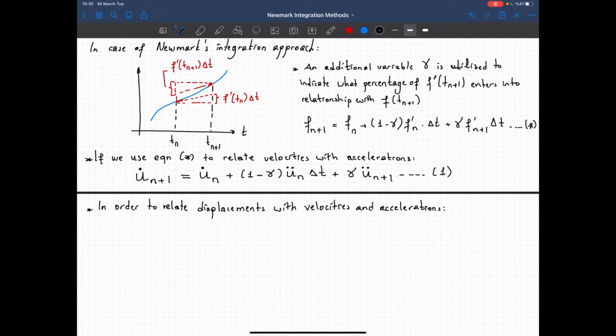Okay, so in order to do that, I'll say let u is equal to u0 plus u dot t plus 1 over 2 u double dot t squared. You will remember this equation. This is the displacement, velocity and acceleration relationship if you have a constant acceleration.